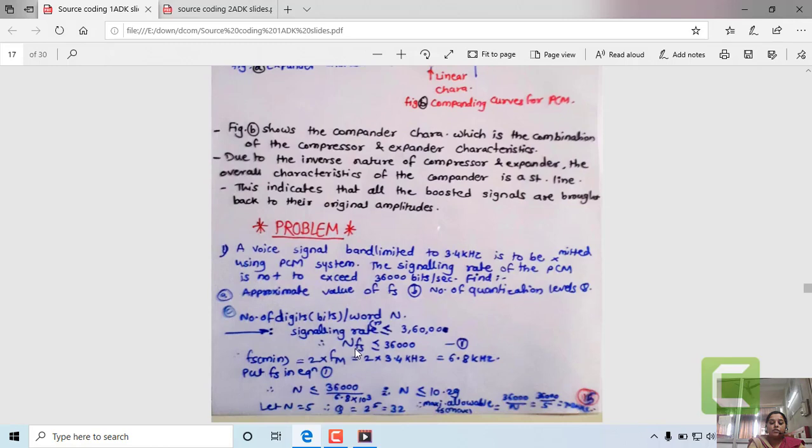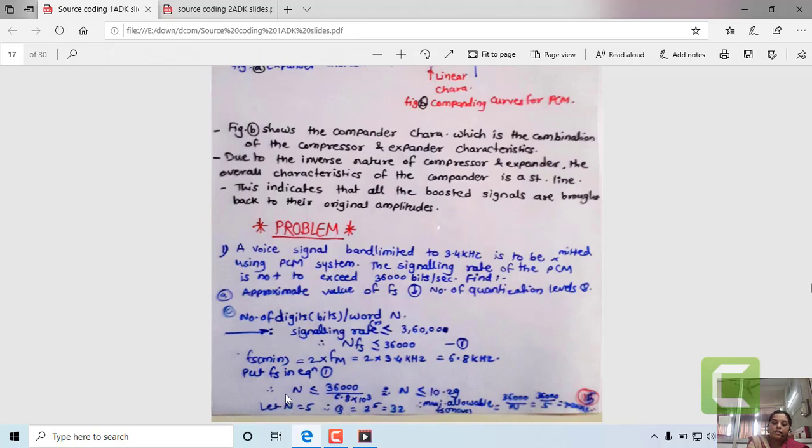We will put the value of Fs into this equation number 1. So our equation becomes n less than or equal to 36,000 divided by 6.8 into 10 raised to 3. This is how we get the n value less than or equal to 10.29. In this case, n is the number of bits per word, and the number of bits per word should always be an integer value. So we will consider n to be equal to 10 at maximum.